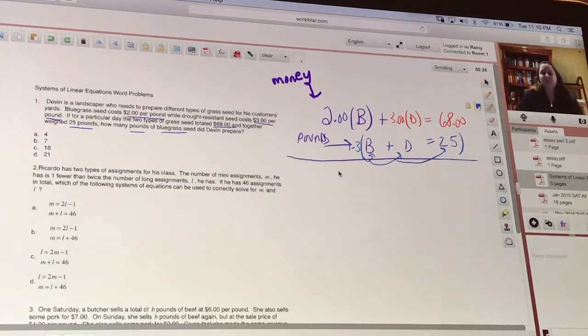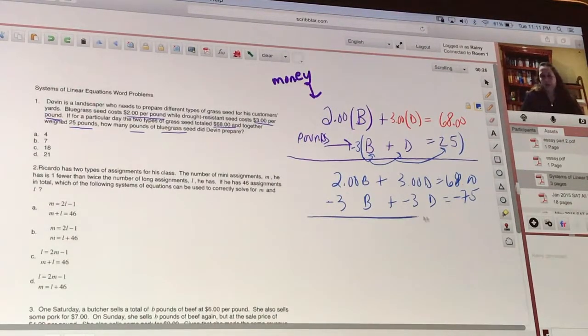So I'm going to rewrite the top equation again so we're not confused. There we go. And then I'm going to distribute the negative 3. So it's going to be negative 3B plus negative 3D, and that equals negative 75.